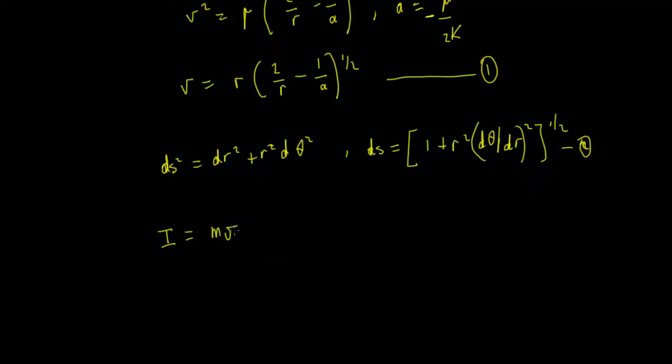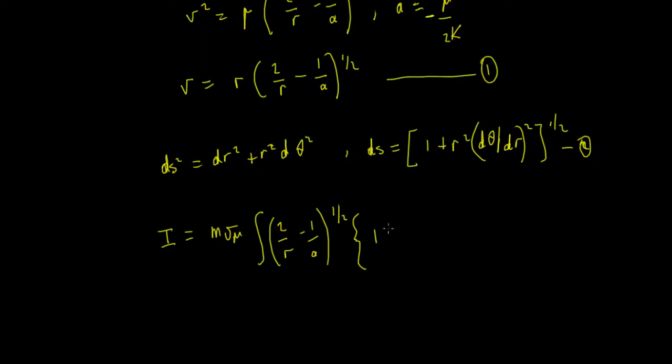Now the m root mu, these are just constants, so we're just going to be ignoring them from now on. So we're going to be integrating that. Okay, so it'll be 2 upon r minus 1 upon a, to the power of a half times this thing here.